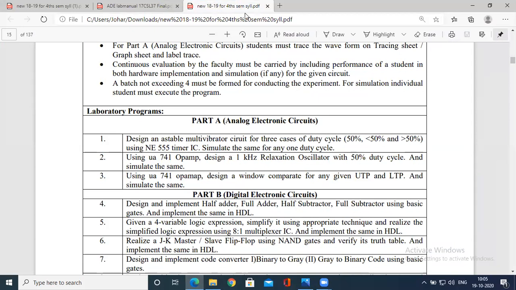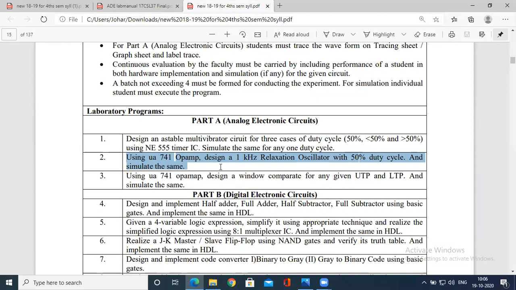Here is a list of experiments that you have in part A. In the last session we saw the second experiment of part A, and we tried to simulate this experiment.